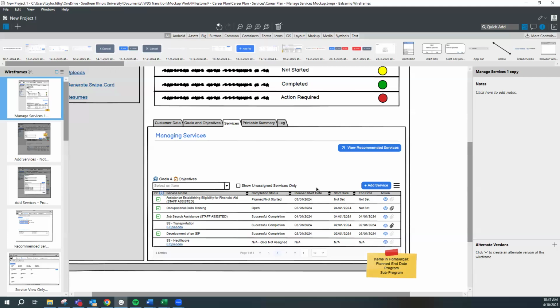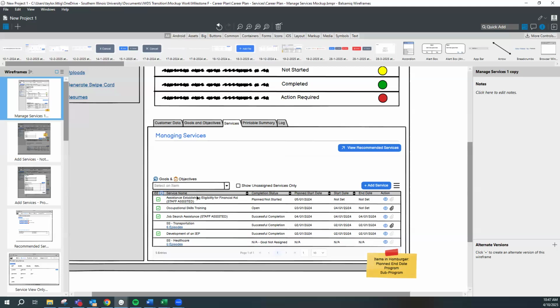So it's a really nice way to holistically plan out all of their services on the career plan at one time. And then you'll be able to also go in and add new services whenever you need to, make your edits to any existing services all at one time and in one place.